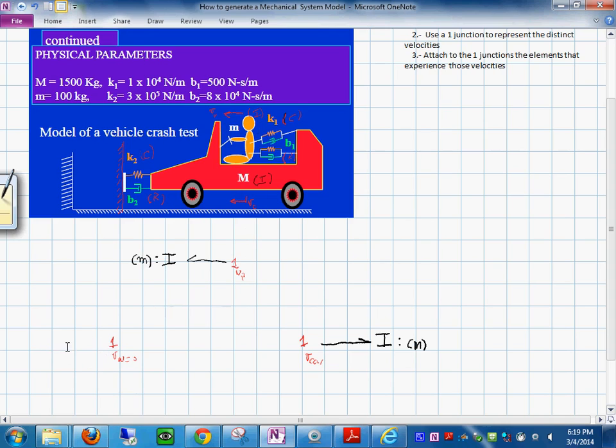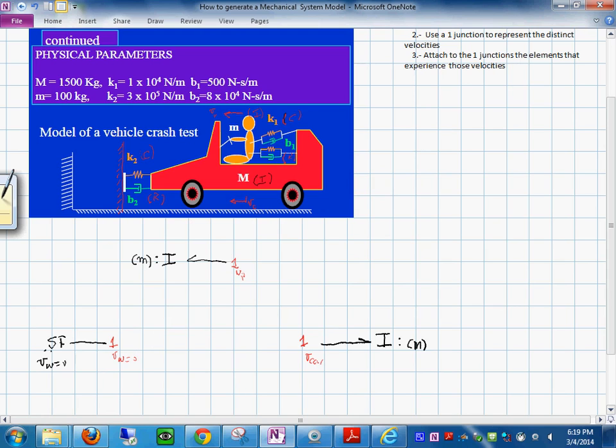Here we have a source of flow, with velocity of the wall equal to 0 as its value. Those are all the elements that move at the velocities that we have in here.